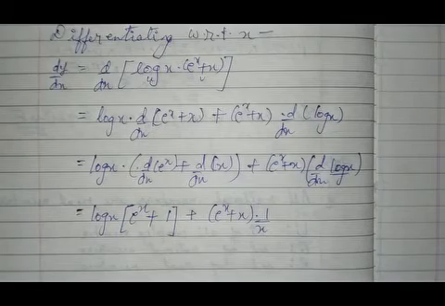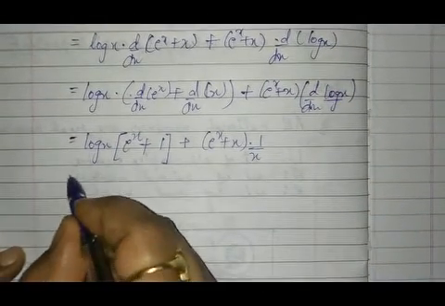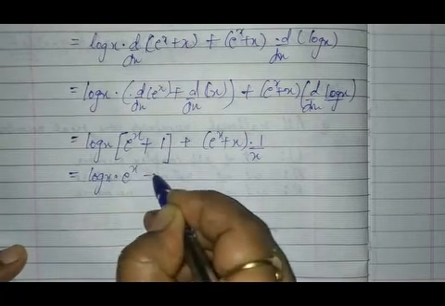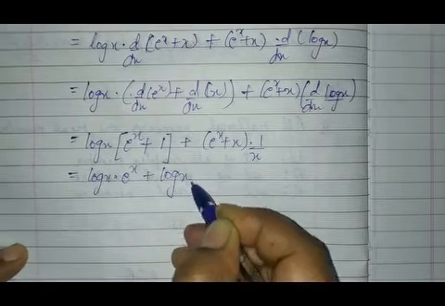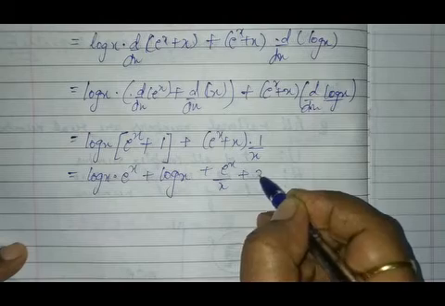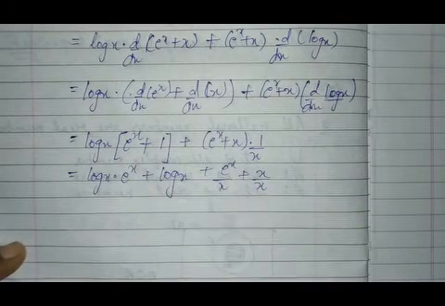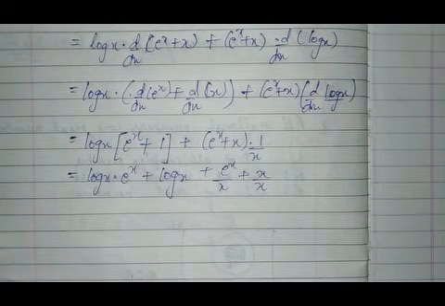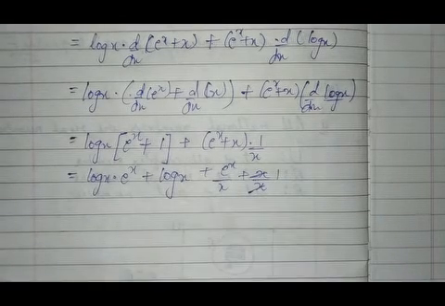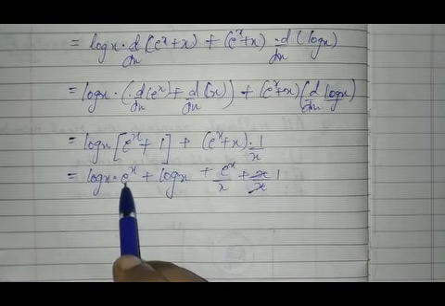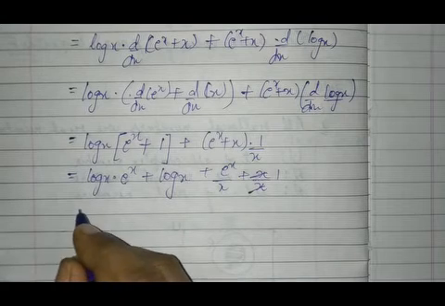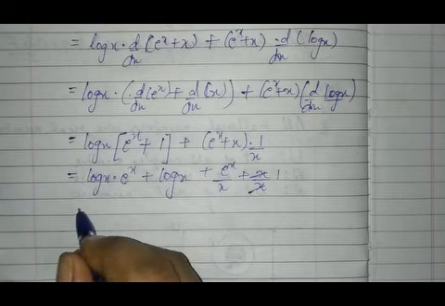Now we need to simplify all these terms. Multiply: log x into eˣ, plus log x, plus eˣ/x, plus x/x. Now you can see this becomes 1. eˣ is given here and here also, so we can take eˣ common.